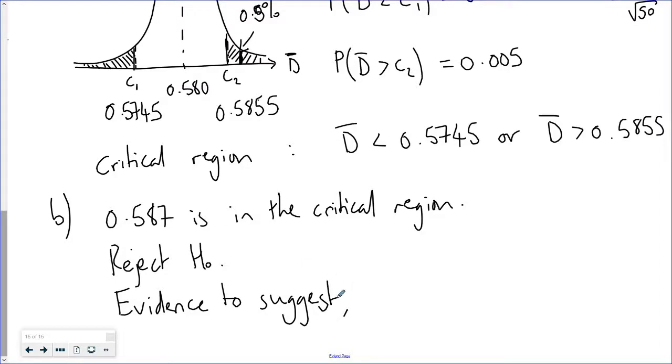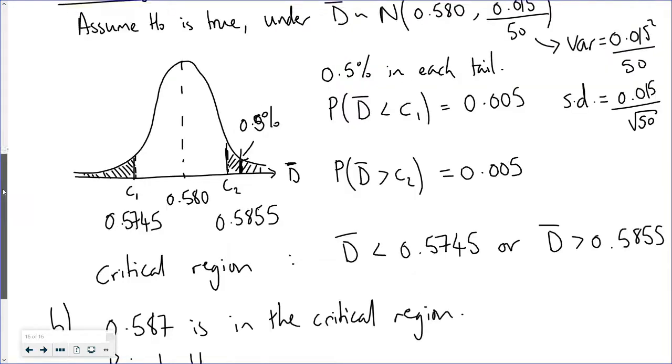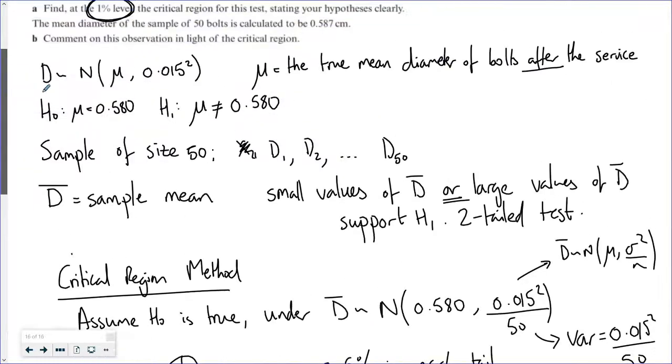Now, you might be tempted to say evidence to suggest that the bolt diameter is bigger because we're in the right tail. It's bigger than 0.580. Now, we can't do that because we set up this hypothesis test for this alternative hypothesis. So in your conclusion, you have to match the alternative hypothesis.